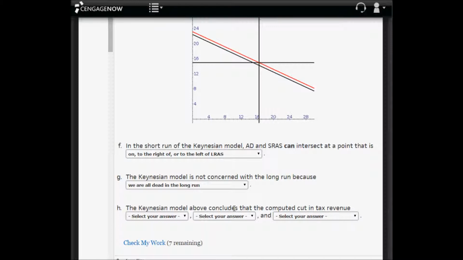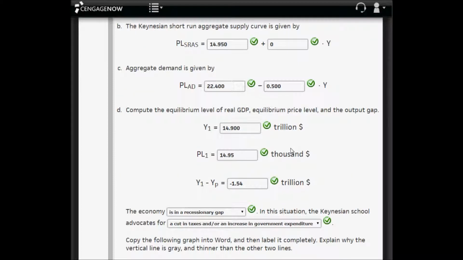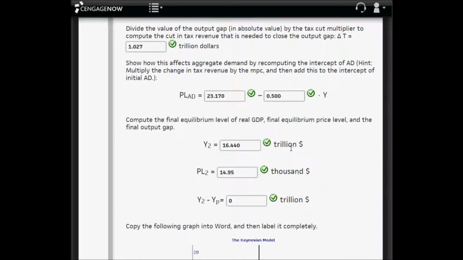The Keynesian model above concludes that the computed cut in tax revenue has no effect on the price level, raises GDP, and lowers unemployment because unemployment was high initially, greater than the natural rate, but equal to the natural rate at the new equilibrium. I'm going to check my work and we should get everything correct. And it looks like we got everything correct.